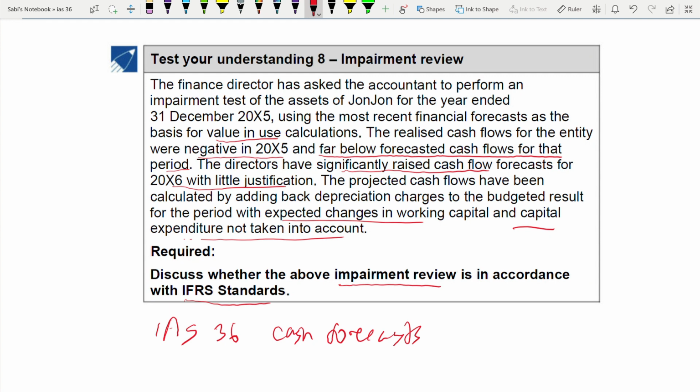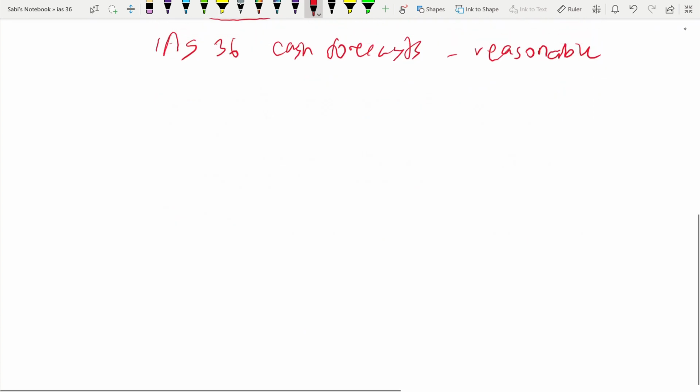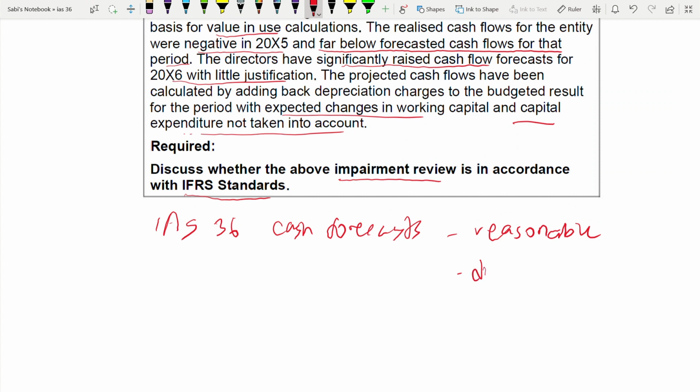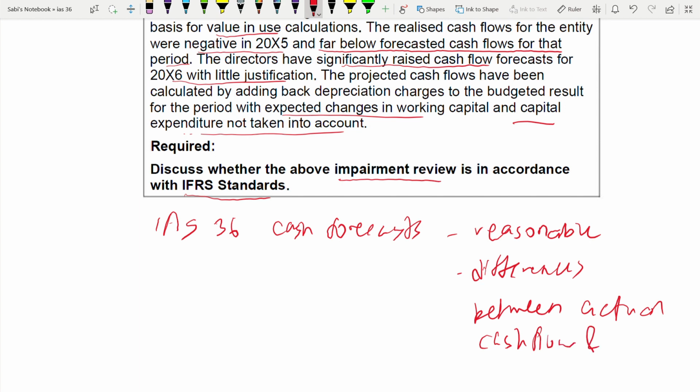Number one, the cash forecast that you are using needs to be A, reasonable. B, you have to see the differences between the actual cash flow and the forecast.